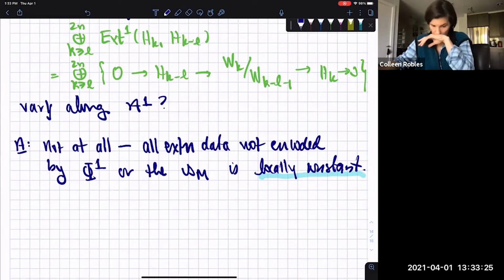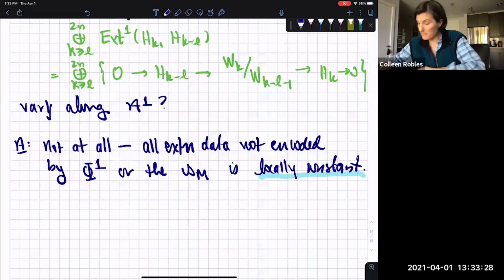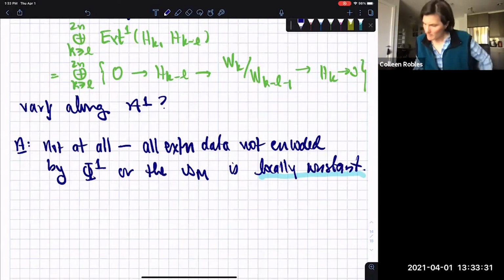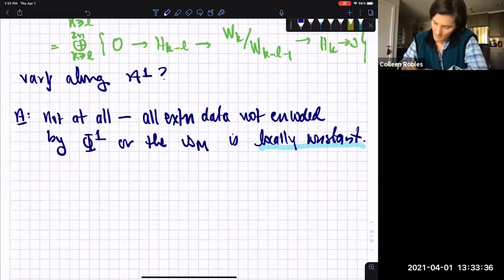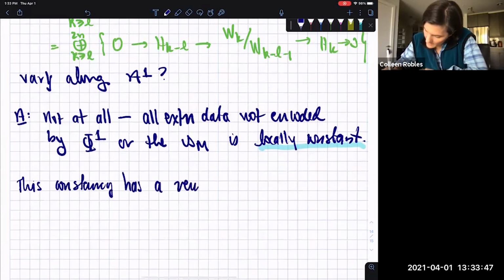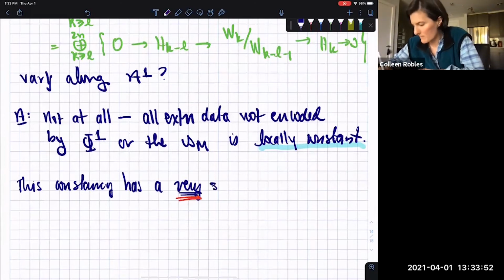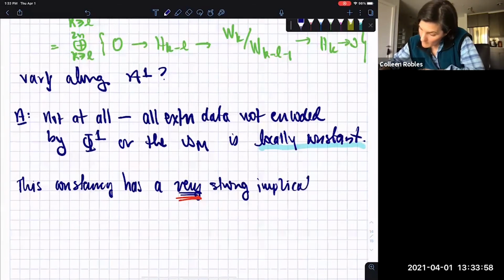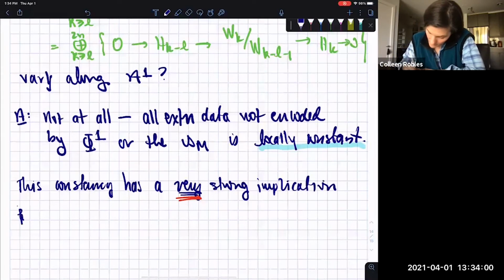So this constancy has a very, very strong implication for matrix representations.